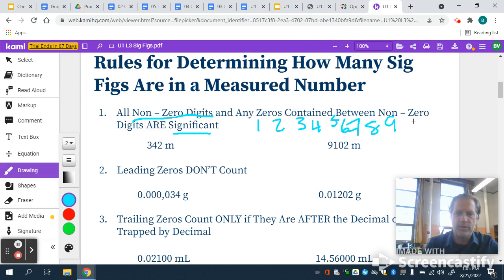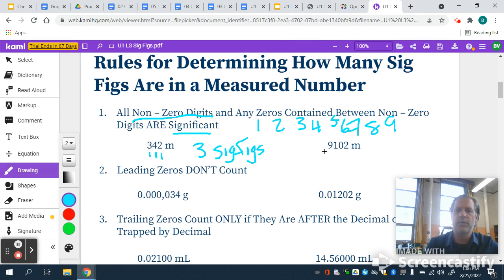In the case of our first example over here, we have a 3, a 4, and a 2. So all three of those numbers are significant, so we would say that this number has 3 sig figs.